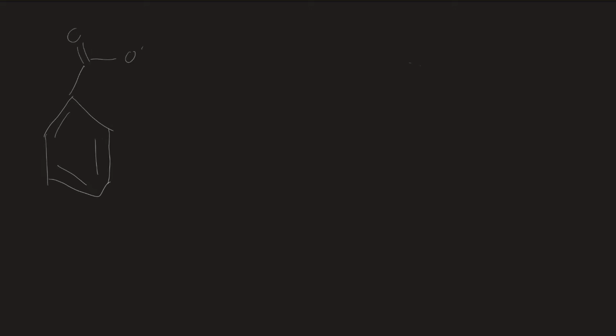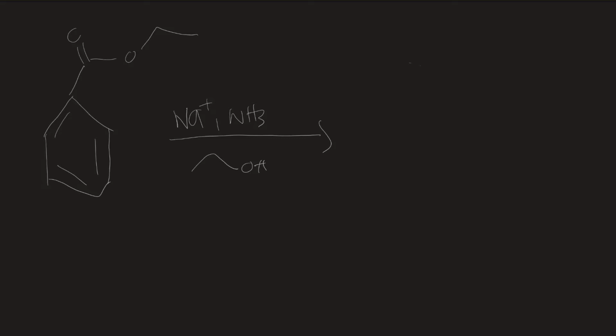So I'm drawing a benzene ring with an ester on it, and this ester is an electron withdrawing group. It has a partial positive charge, and it's going to withdraw electron density from the ring. So we're going to react this with sodium, ammonia, and an alcohol.